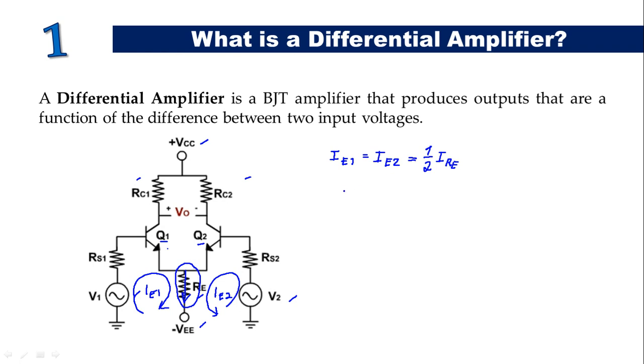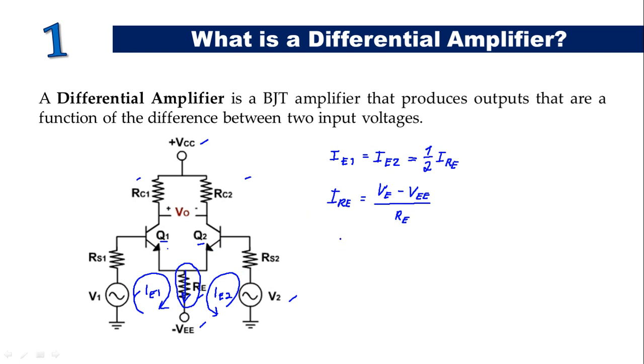Kung saan, yung ating I sub RE equal yan sa VE minus VEE all over R sub E. So, naalala ninyo na yung DC analysis. Yan yung loop natin, no? VE minus VEE all over RE.